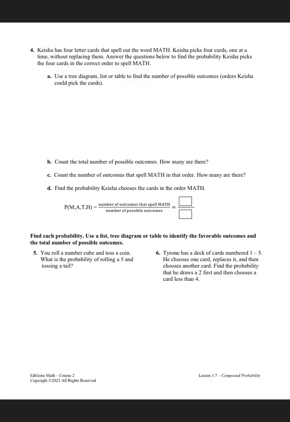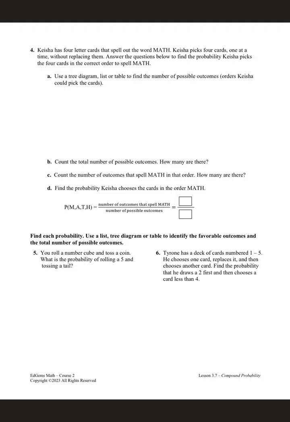Kesha picks the 4 cards in the correct order to spell M-A-T-H, which is math. A, it says use a tree diagram, list, or table to find the number of possible orders Kesha could pick the cards.